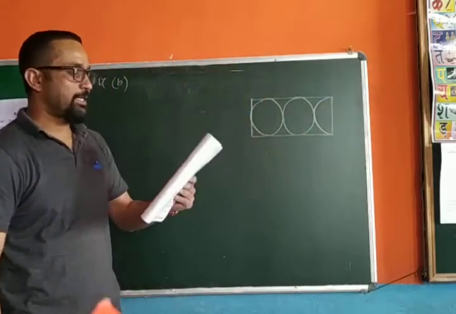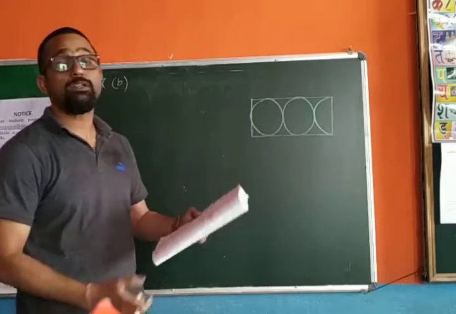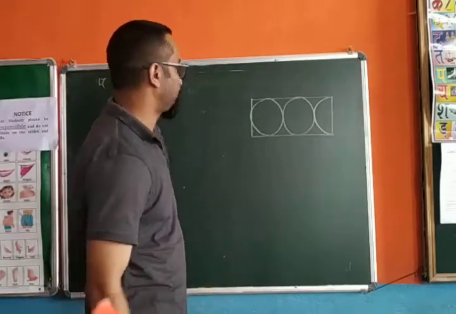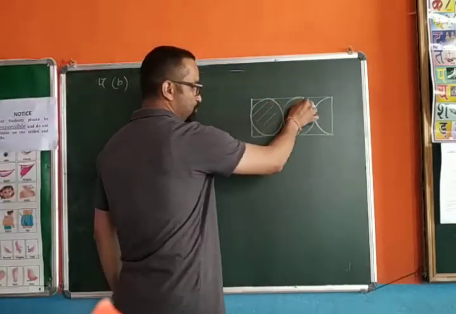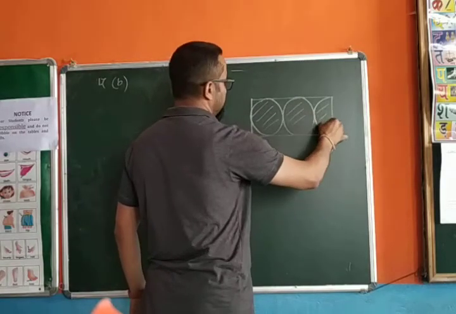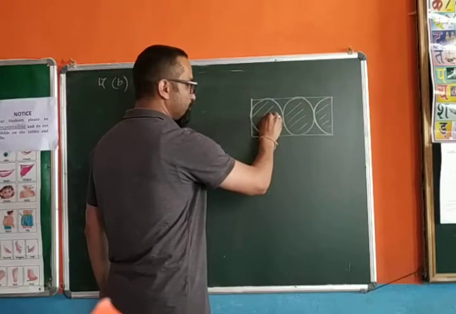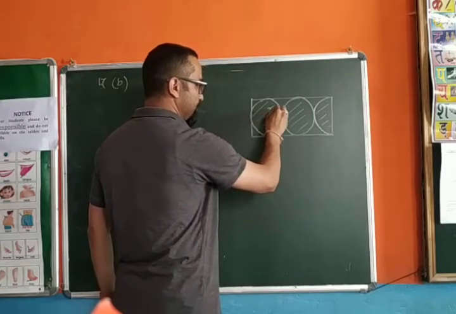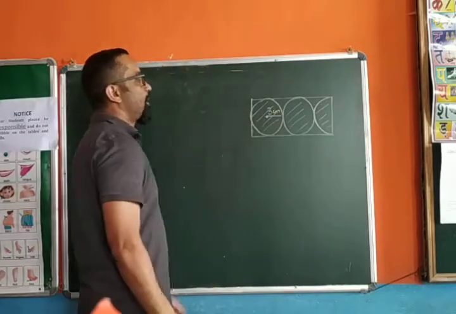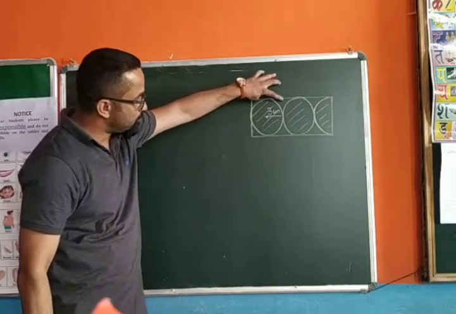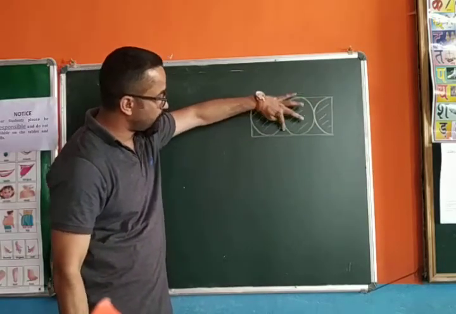Question says that calculate the area of the unshaded portion. Two circles and the semicircle have been shaded. Radius of the circle is given as 3 centimeters. You have to calculate the area of the unshaded portion.